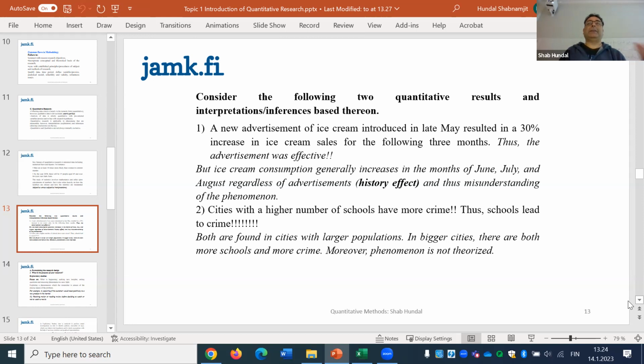I'll give you an example, but a bit later. Inference is when we draw some conclusions, what lesson we learn, what hereafter. We have done the calculation, we are able to decode the numbers in sentences. What next? What lesson do we learn from it? That is called inference.